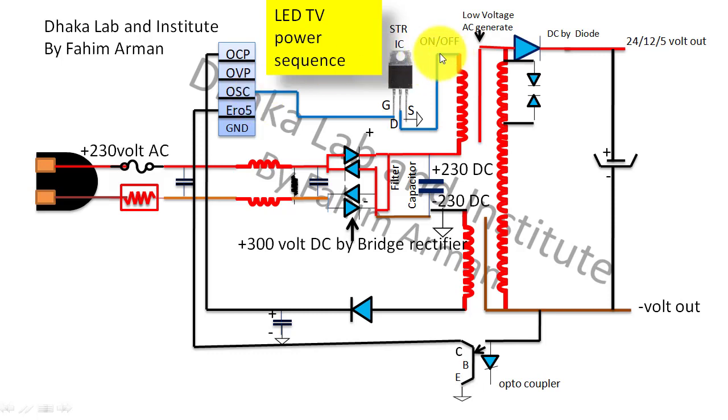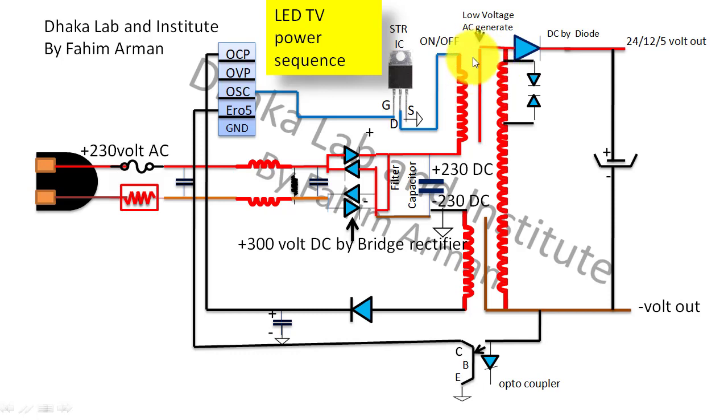So after switching on and off, high and low, this transformer will be on, and low voltage AC will be generated. The voltage may be 24, 12 or 5 volt.